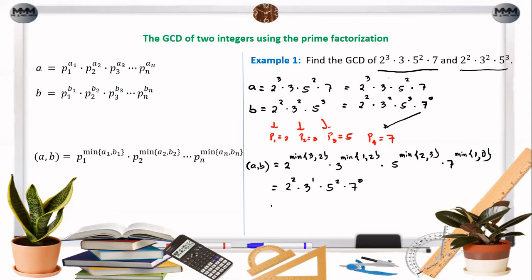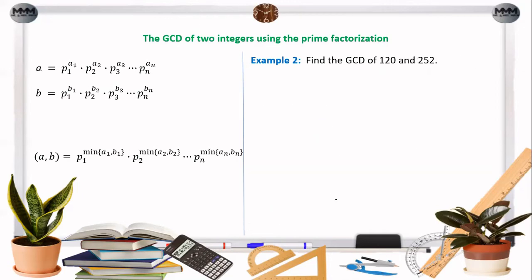We have here, this is 4 times 3 times 25 times this is 1. Hence, the GCD of A and B is equal to 300. So you can check it. This is 300, or 4 times 3 times 25.